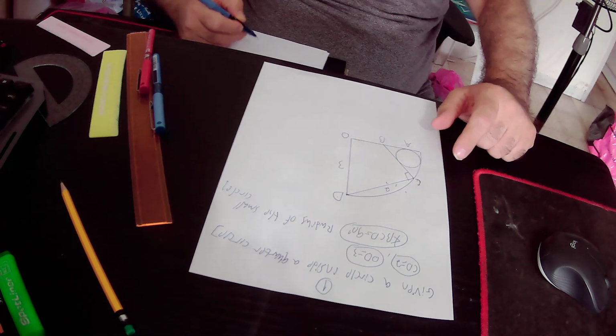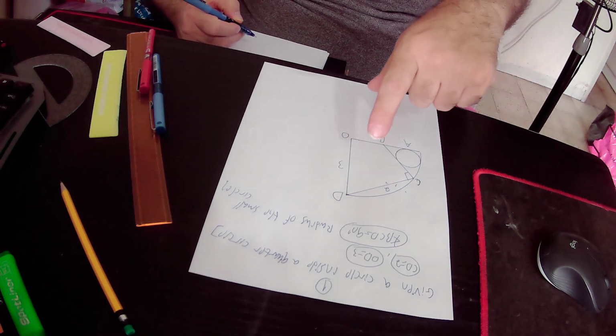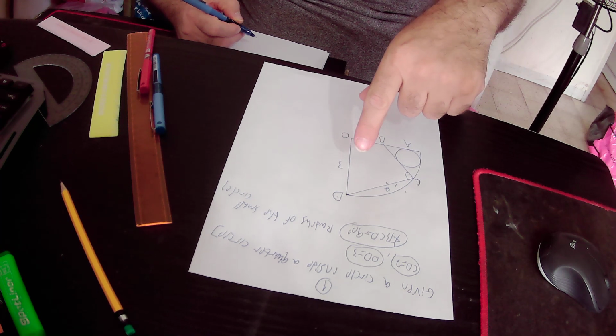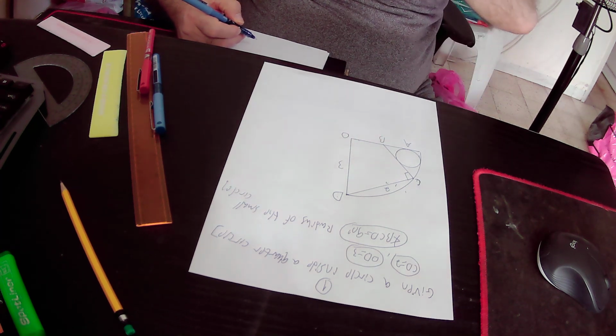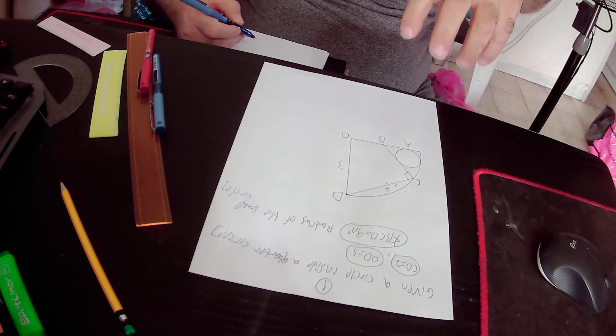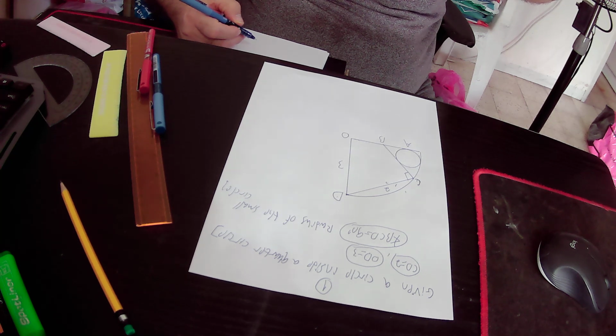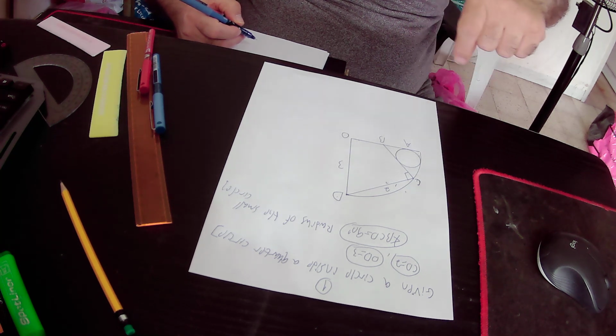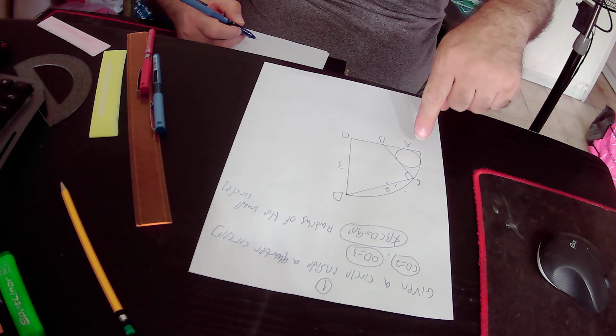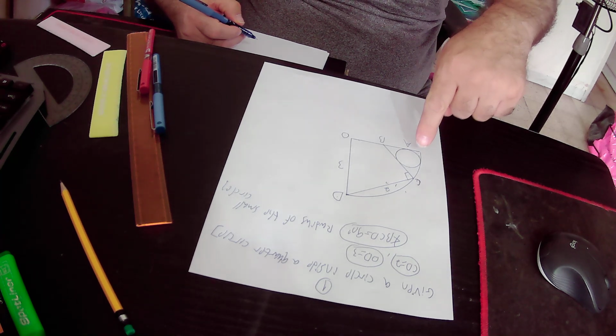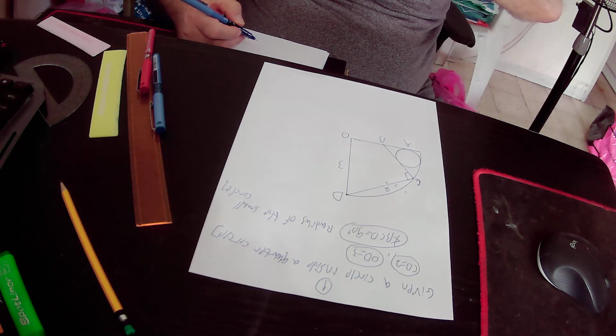And we also know that OD, line segment OD, equals 3 units, and inside the quarter circle we have a small circle, and we want to find out the radius of this small circle.